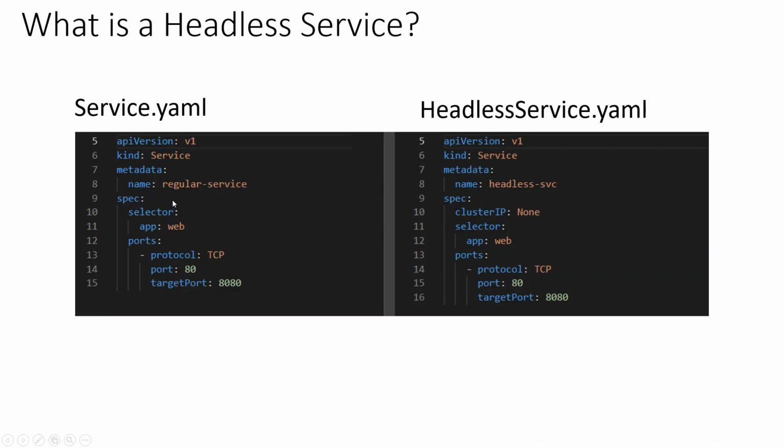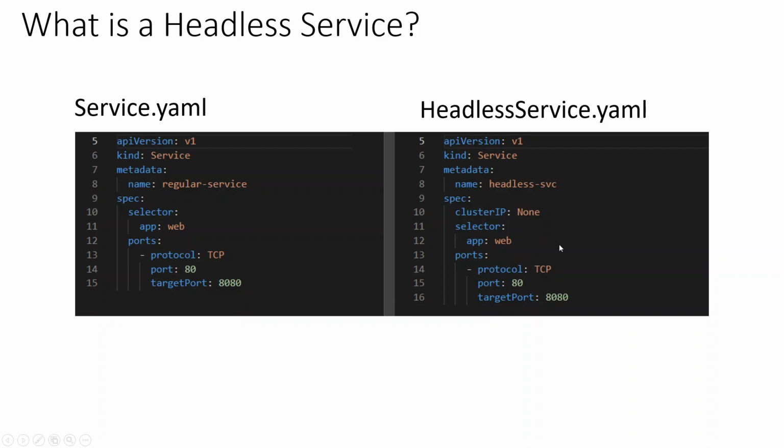In the spec section, we are saying the selector would be app: web, which means whichever pod has this label app: web will act as a backing pod of this service. And in the port section, we are saying the protocol is TCP, the port of this service is 80. So all the ingress or incoming requests will come to port 80 for this service, and that will be rerouted to the target port on the containers, 8080.